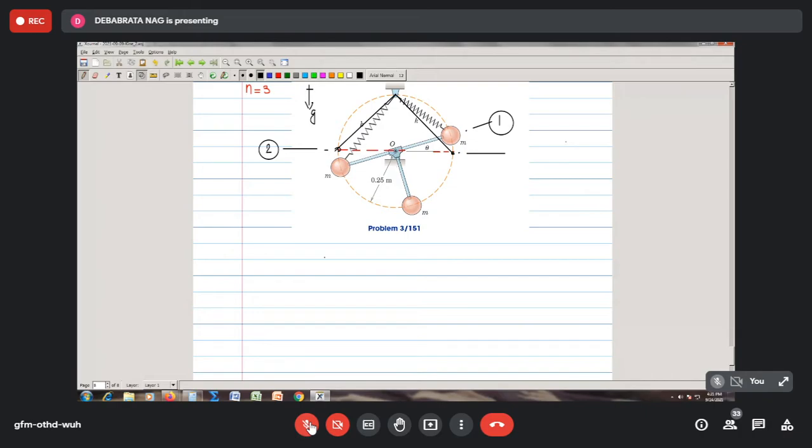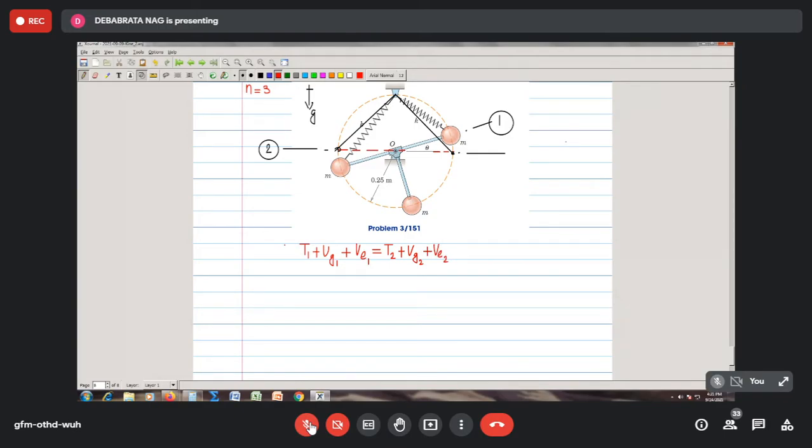So I note that since there is no other external force acting on the system, I can write that the total energy is constant. So I can say T1 plus Vg1 plus V1 must be equal to T2 plus Vg2 plus Ve2. Correct?